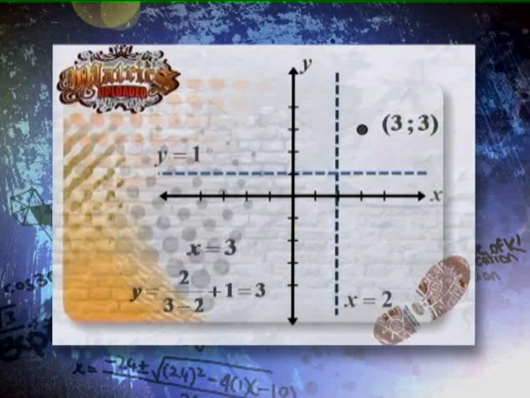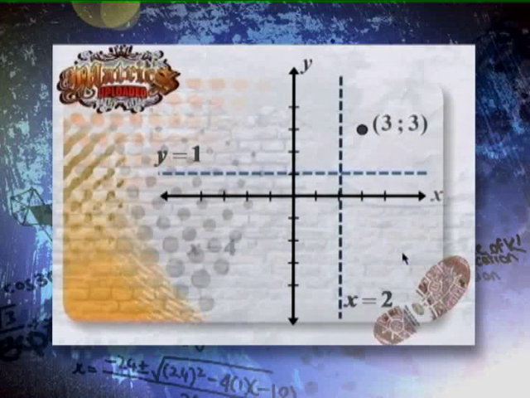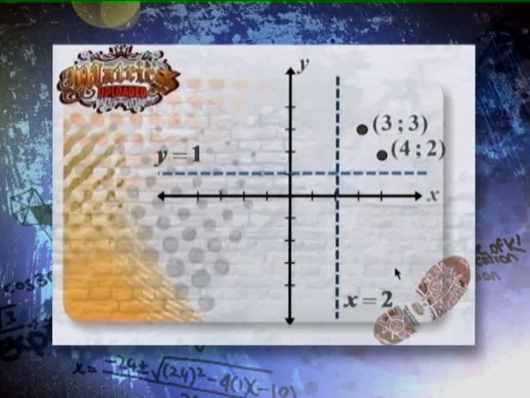And we pick another value, which is x equals 4. Put this in the equation, and it simplifies to 2. Then the point is 4 and 2. Let's get another value. To the left, we choose 1.